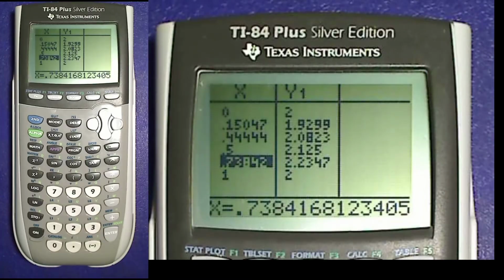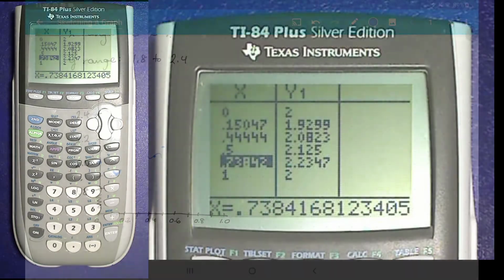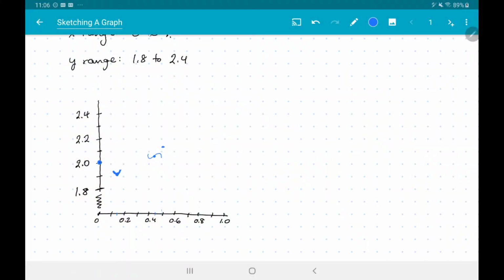So 0.738, 2.23. Okay, 0.7 is here, 0.738 is over there, and I have to go up to 2.23. So I'll go up, there's 2.2, 2.23, so somewhere around there. And that's a local maximum, so I'll draw a little bit of a maximum to remind myself of that.